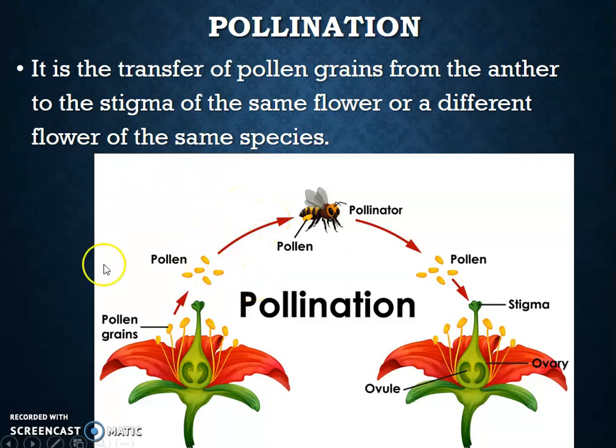So in the picture, as you can see here, the pollen grain has been transferred by what we call a pollinator, which we'll look at briefly, from the anther, where the pollen grains were produced, to the stigma. That transfer of the pollen grains from this anther to this stigma is what we refer to as pollination.